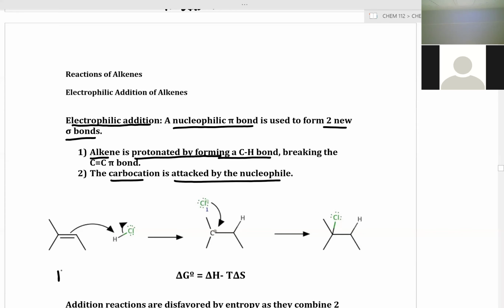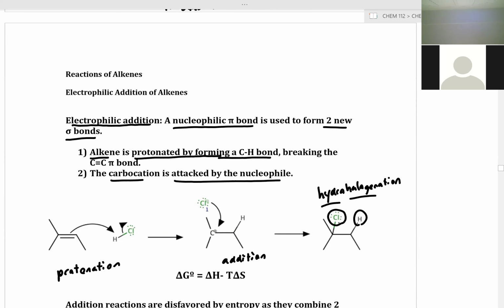So we have our protonation step, followed by addition of our nucleophile. And we call this process hydrohalogenation: hydrogen, halogen.